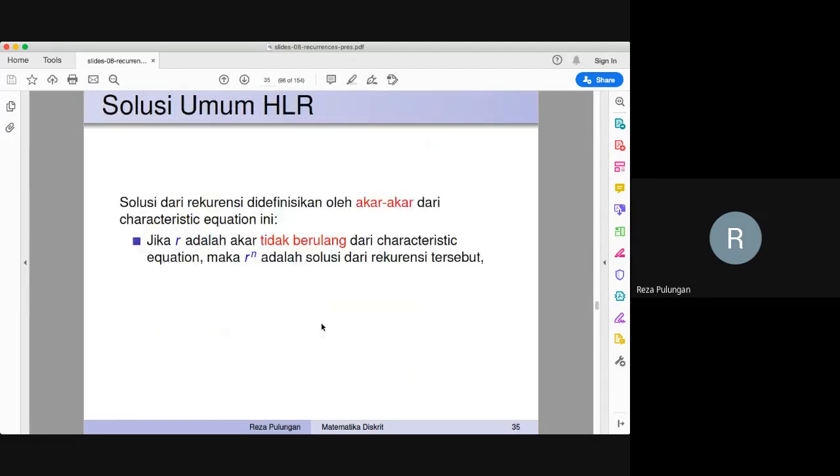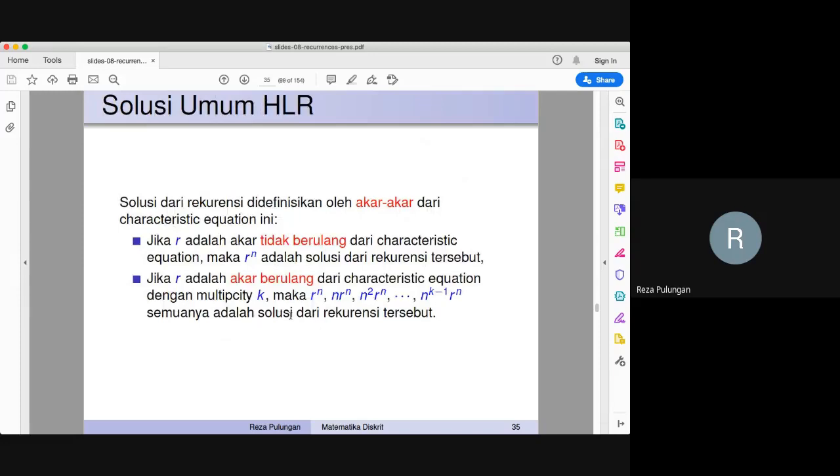What if they are repeatable? If r is a repeatable root of multiplicity k, what does it mean? There are k times a particular root. Then r to the power of n, the next one, n multiplied by r to the power of n.